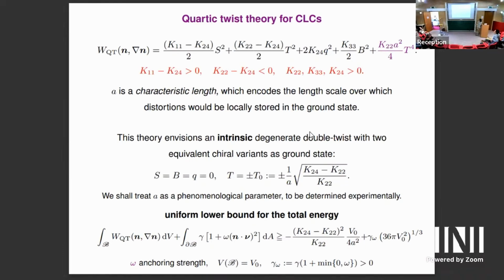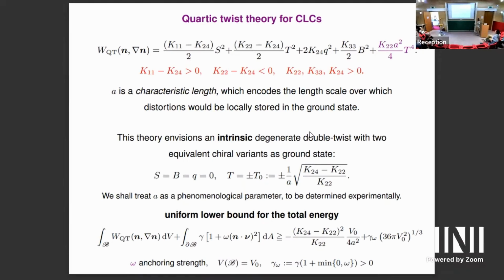We see that A, which is the characteristic length introduced by the model, encodes the bare length scale associated with the double twist, which is favored as the ground state. And for the physical size of this length scale, it may fall in a very wide range.